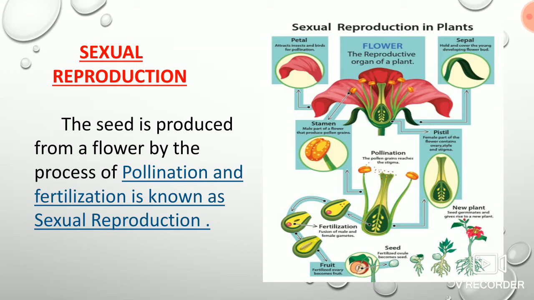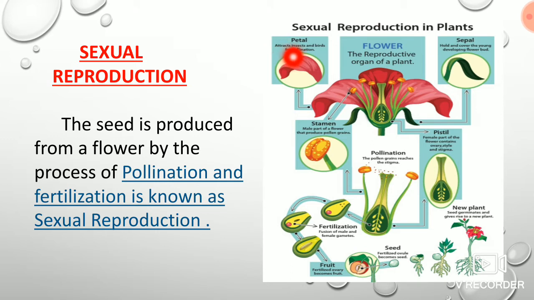This picture shows sexual reproduction in plants. Flower is the main reproductive organ of a plant. It mainly consists of four parts: petal, sepal, stamen and pistil.